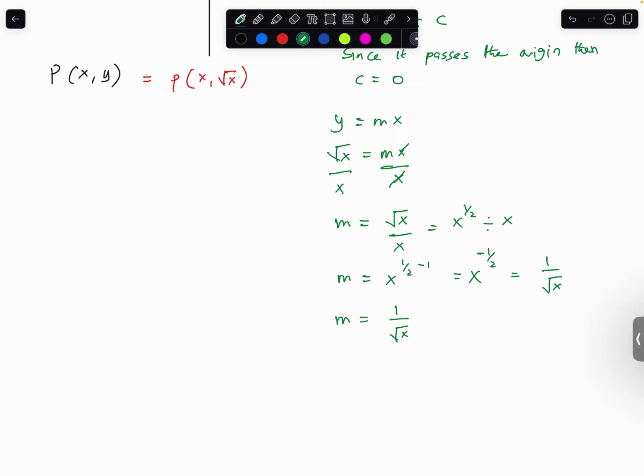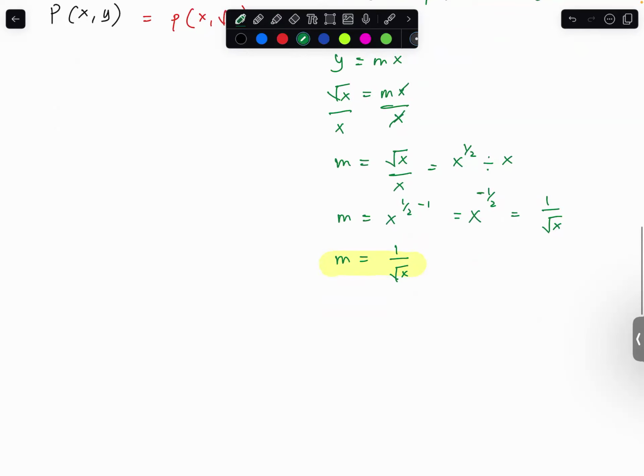Let's highlight this and keep it there. If we make x the subject of the formula, first by taking the reciprocal, we have root x equals 1 over m.